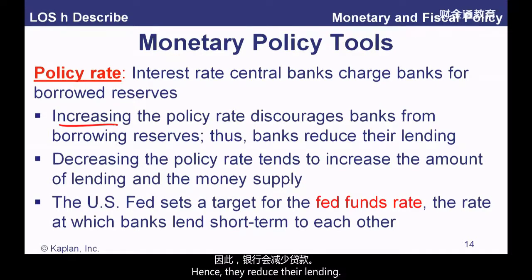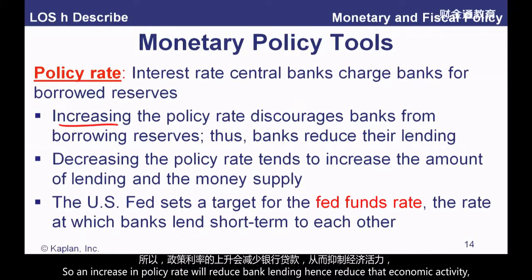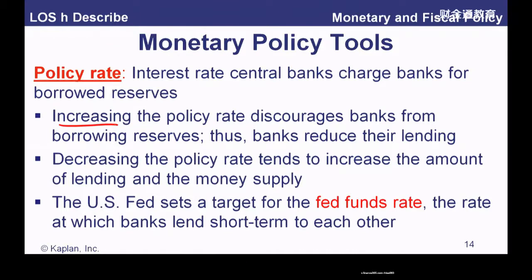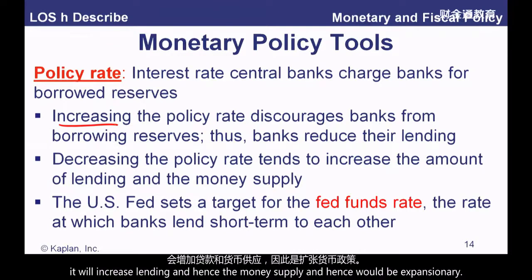Hence, they reduce their lending. So an increase in the policy rate would reduce banks' lending, hence reduce activity in the economy. An increase in the rate is contractionary monetary policy, trying to calm aggregate demand down. Decreasing is the opposite. It will increase lending and hence the money supply, and hence will be expansionary.